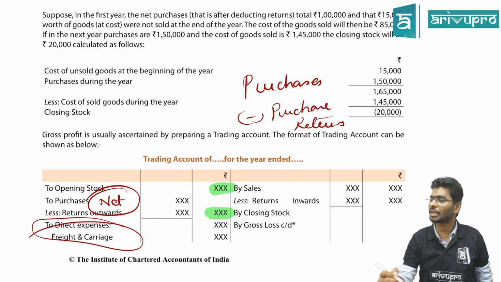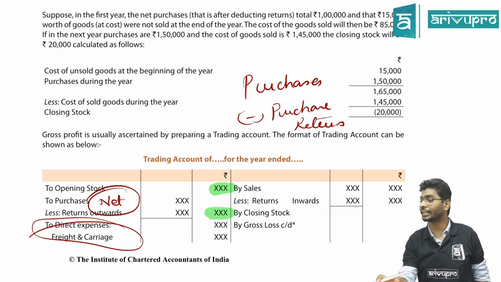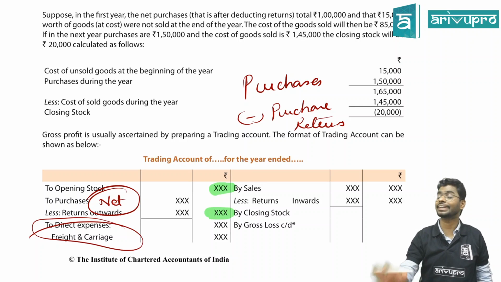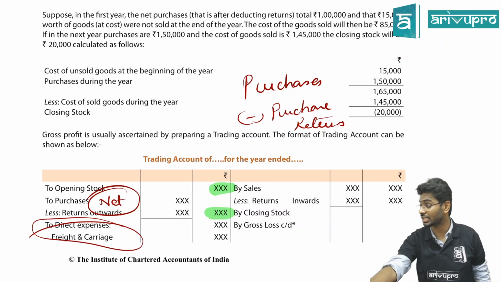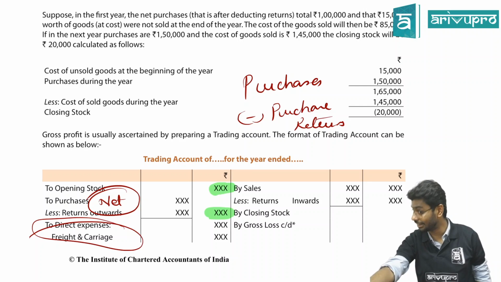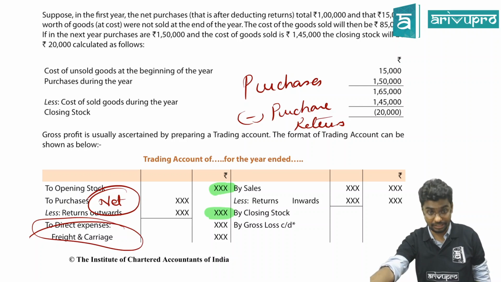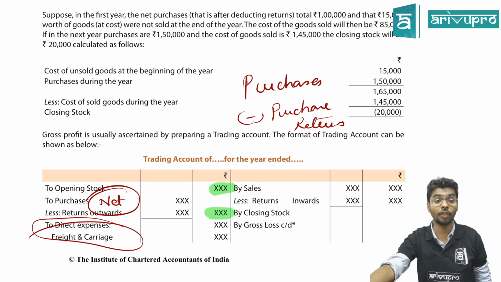Will direct expense come on the debit side? What are direct expenses and what are indirect expenses? I am talking of a non-manufacturing company. Direct expenses are the expenses incurred to bring your goods to the present location of sale.